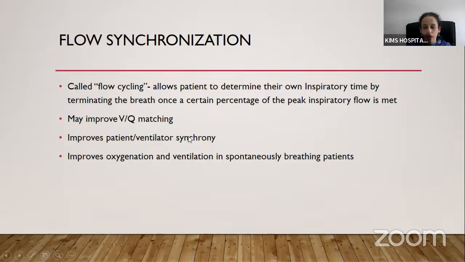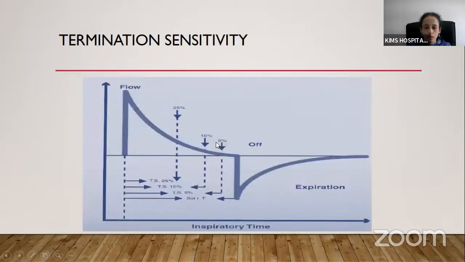Expiratory synchrony is also there, and it improves the oxygenation and ventilation in spontaneously breathing patients. This is the termination sensitivity, which is anywhere between 5 to 25%. So once this flow is reached, then it will go into the expiratory phase.